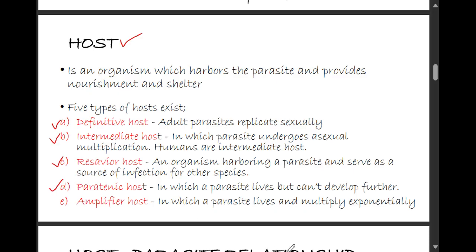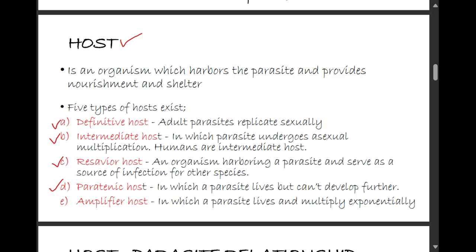The paratenic host functions as a transport or carrier host. So the paratenic host is also known as the transport or carrier host.